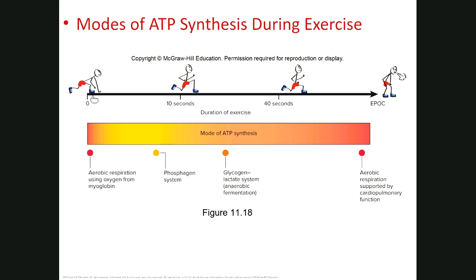So when the race starts, within a few seconds, 4 or 5 seconds, his muscles are full blast, but we know he doesn't have enough oxygen yet. So this is where the phosphagen system, creatine kinase, the enzymes that we talked about are kicking in to produce the ATP. We don't have enough oxygen yet.